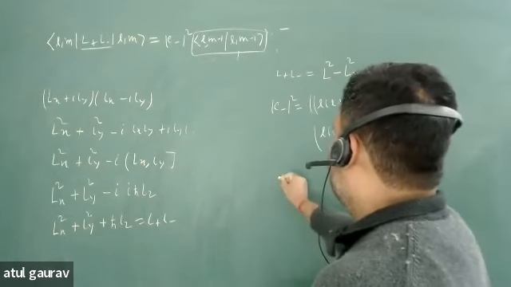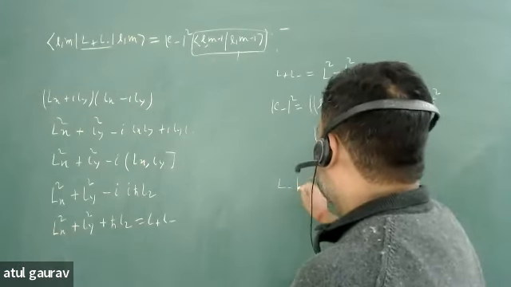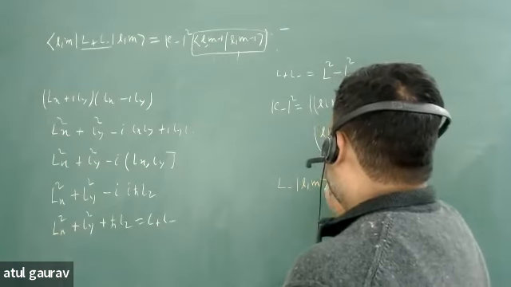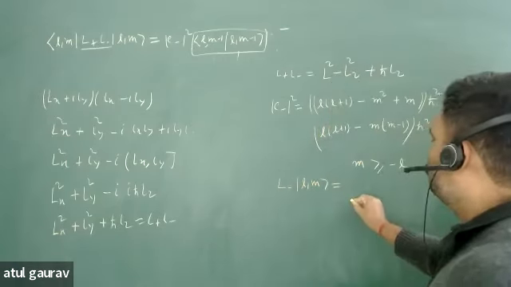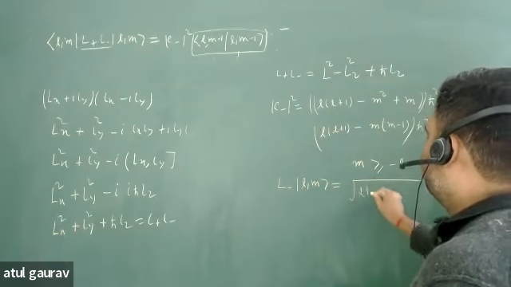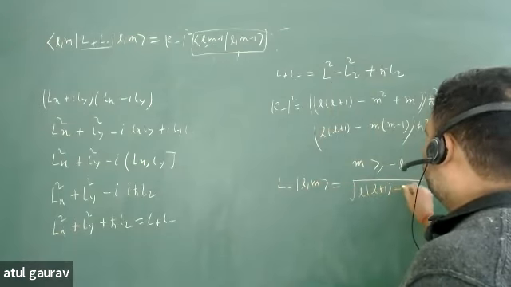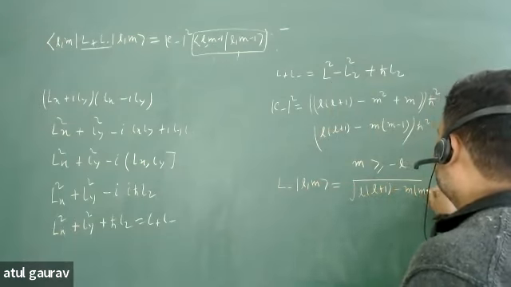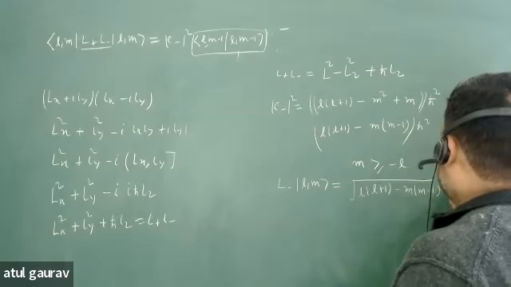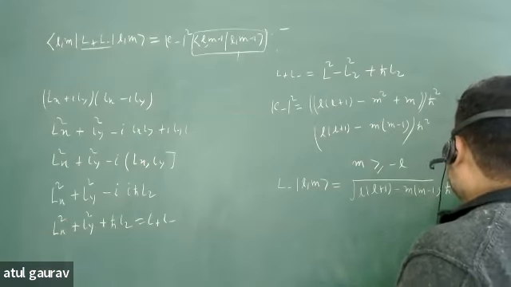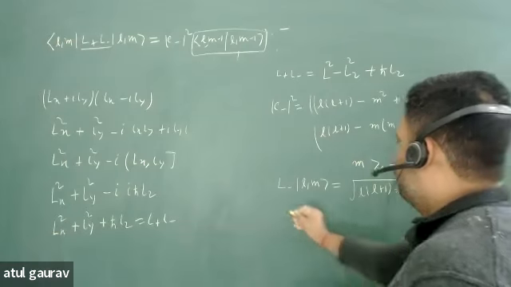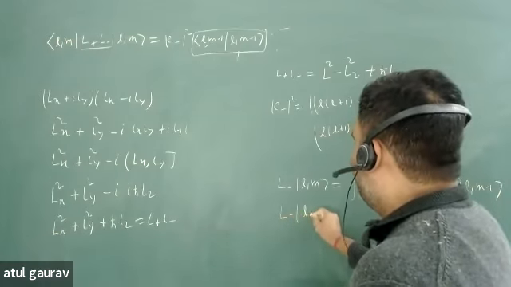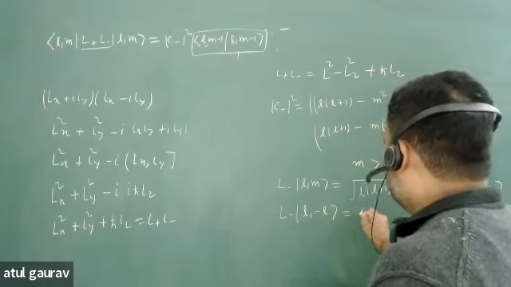And what you have, L minus as L and M is equal to root under L into L plus 1 minus M into M minus 1 H cut L M minus 1, and you have L minus L minus L is equal to 0.